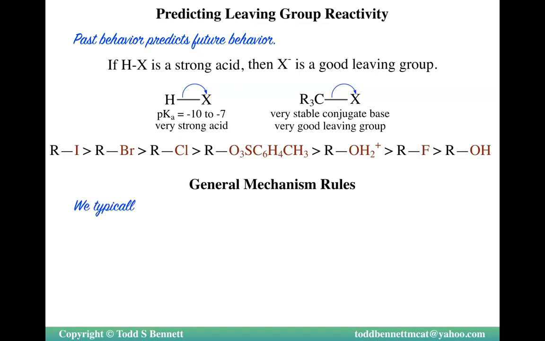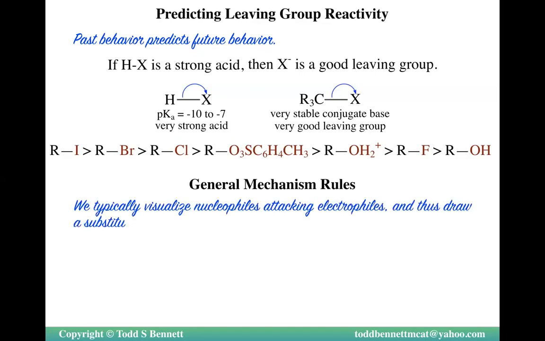General mechanistic rules, things you have to know. So we typically view nucleophiles as coming in and attacking electrophiles, meaning we always draw arrows from where the electrons start, i.e. the nucleophile, to where they finish, the atom in the electrophile that's getting the new bond. So we're going to draw all our substitution reactions that way. So you've already done this to this point, but just want to reemphasize.